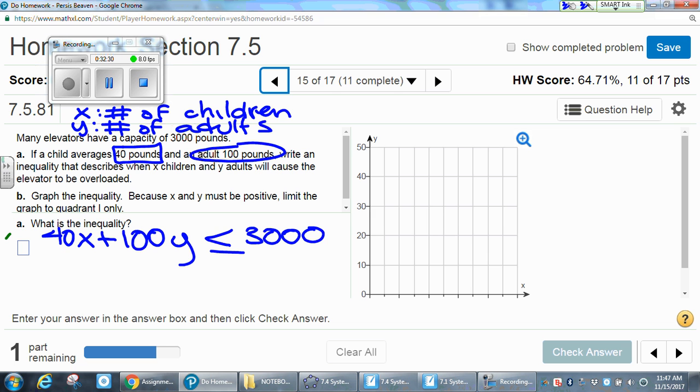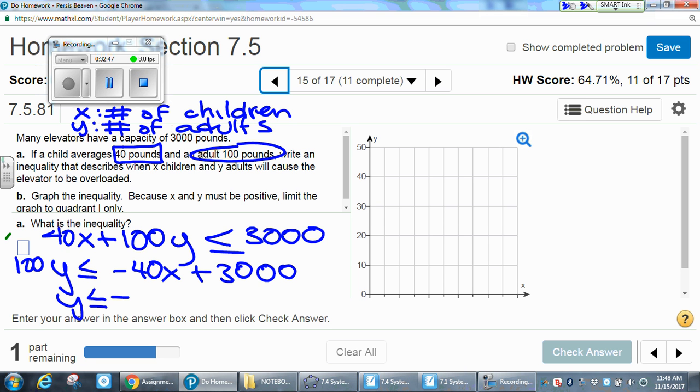And then we're going to graph that. So this will be 100y is less than or equal to negative 40x plus 3,000. And then we need to divide by 100. So this will be y less than or equal to negative 0.4x plus 30, since 3,000 divided by 100 is 30.